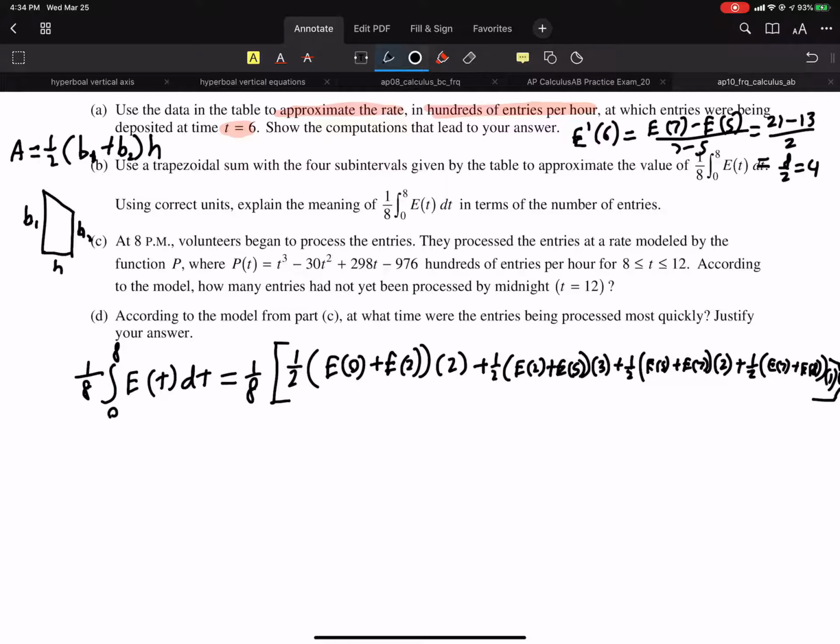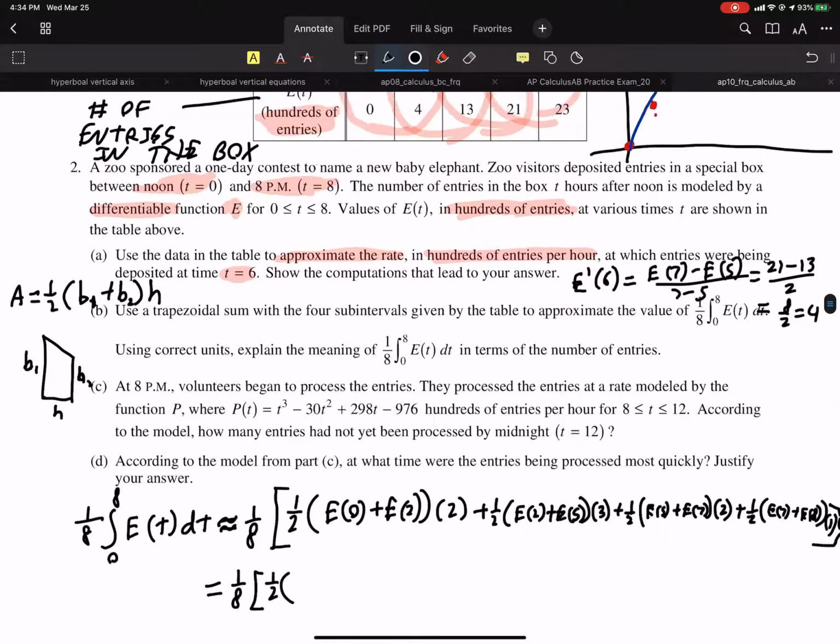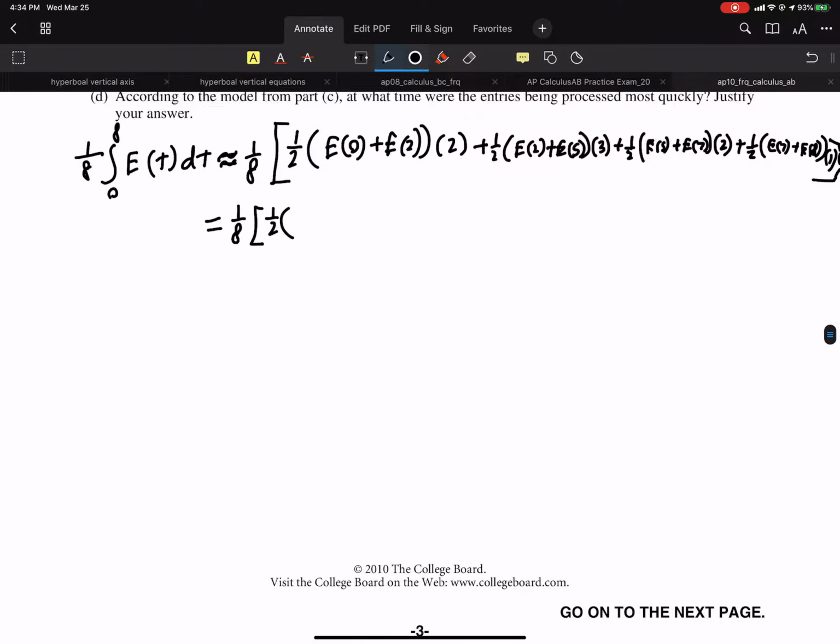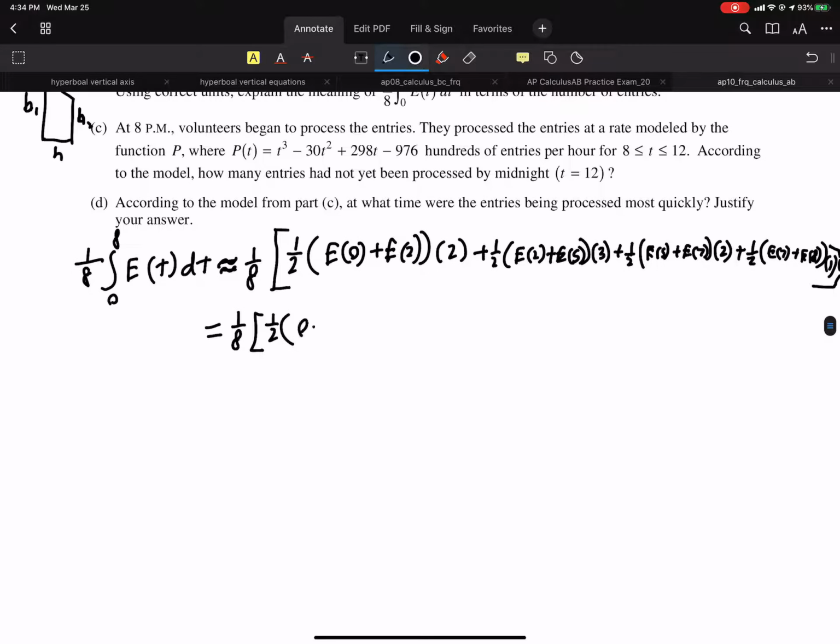Okay, let's plug in some beautiful numbers here. This is approximate because we're using an approximation. E of 0 and E of 2 are 0 and 4. Easy numbers.